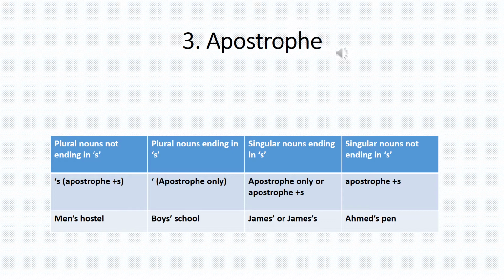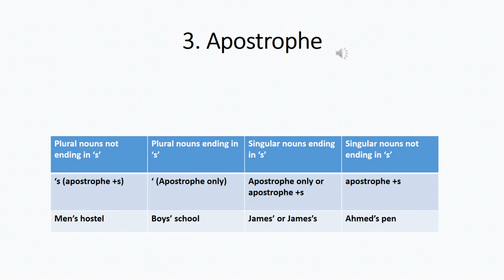It will be a great wrong you are doing, grammatically wrong. Why? Because at school there will be only a single boy studying. That's utter nonsense, right? So it should be boys' school, meaning a school where boys are studying. So any noun ending with s and that's a plural, we have to use apostrophe after s, and no need to bring another s after it.